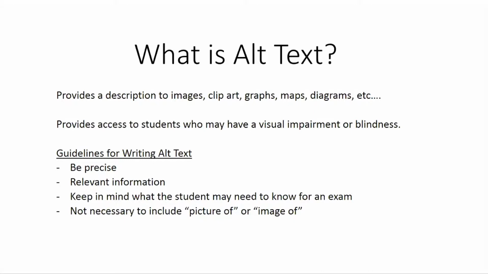Screen readers do not provide visual information. A screen reader will simply read text on the screen, which is why it is important to provide information via alternative text to describe any images or anything that the student may need to have for course content that is required for them to know.